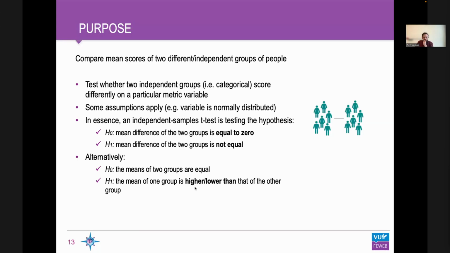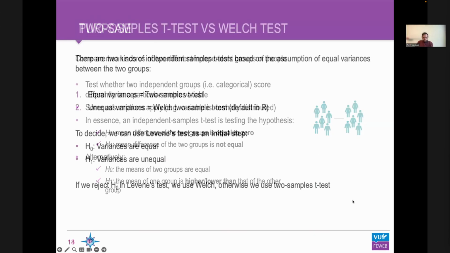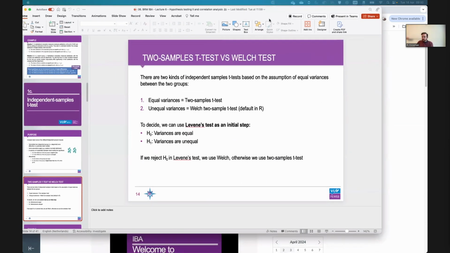But the point here is that if the null hypothesis is two-sided, meaning that we are talking only about an equality, then the alternative hypothesis should be related to inequality. So the mean of one group is not equal to the other group is the correct alternative hypothesis, just to show you that.